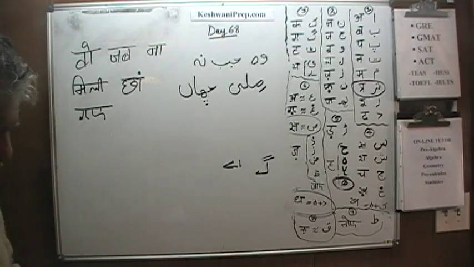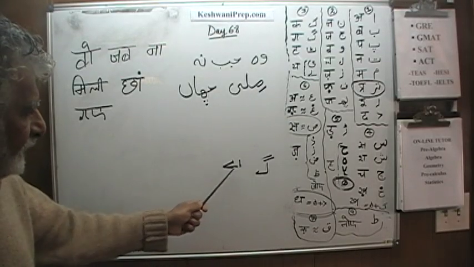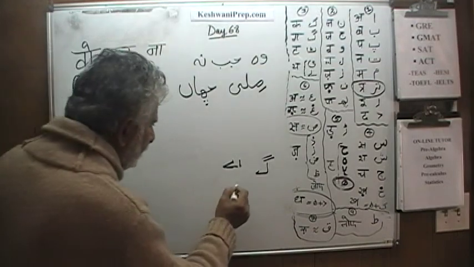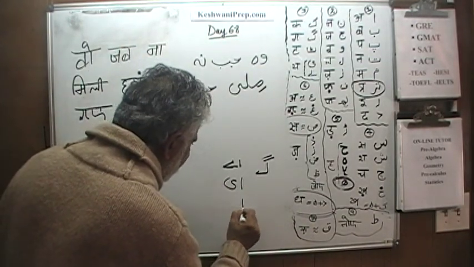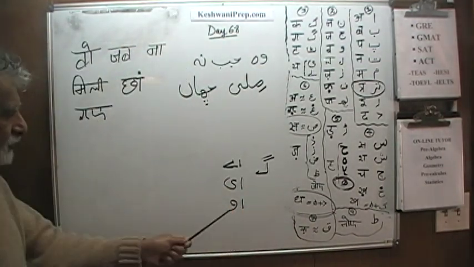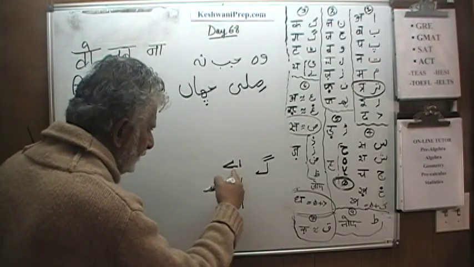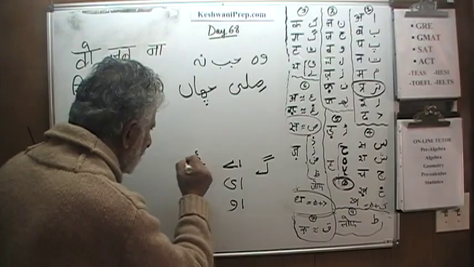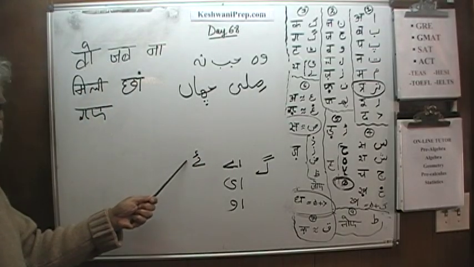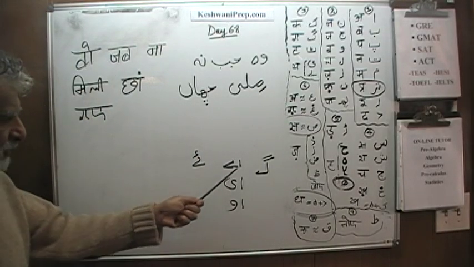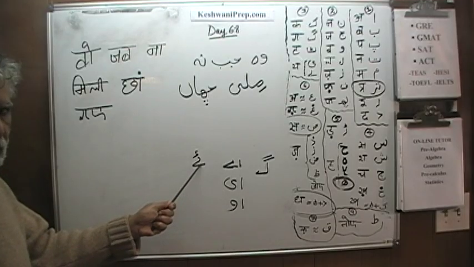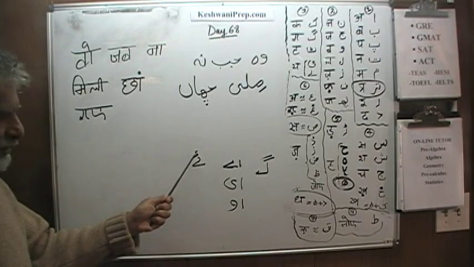The complication is that, as we already know, whenever alif is followed by badi a, or alif is followed by choti i, or alif is followed by a vav, alif disappears. Alif is replaced by something called hamza. It goes on the top. And that symbol on the top represents the alif. This is alif and badi a.